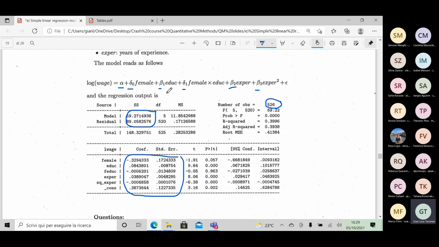And I told you that in the model with k regressors, ESS divided by sigma square will follow a chi-square with k degrees of freedom. Now, look with me, how many regressors do we have here? Female, 1; educ, 2; female times educ, 3; experience, 4; experience to the power 2, 5. Regressors, not parameters. So the k I used this morning to denote the number of regressors, which was 1 in our model, here is 5. So df, degrees of freedom, is 5.